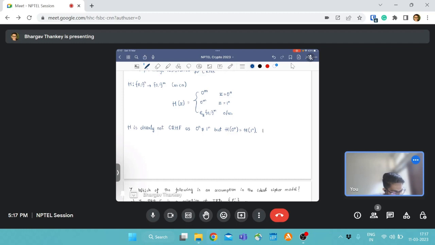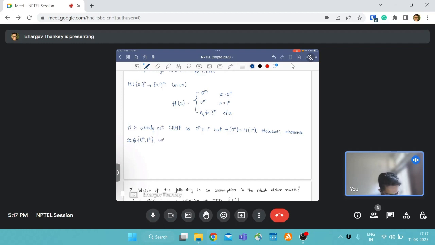However, whenever x is not in {0^n, 1^n}, in that case H is a totally random function, right?